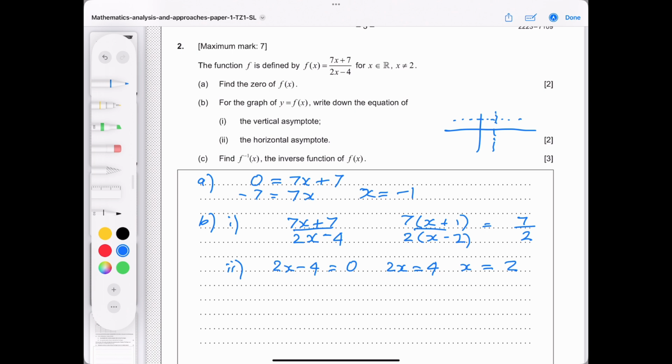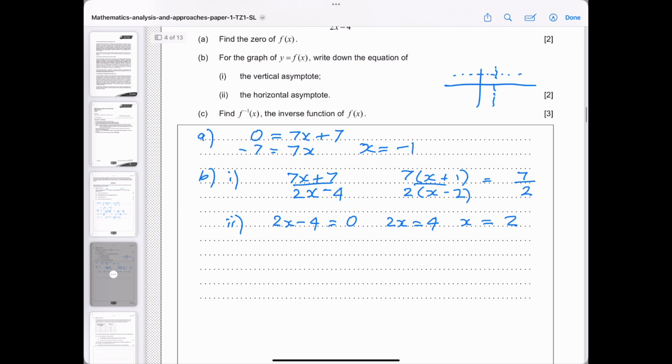Now, f to the minus 1 of x is the inverse function of f(x).